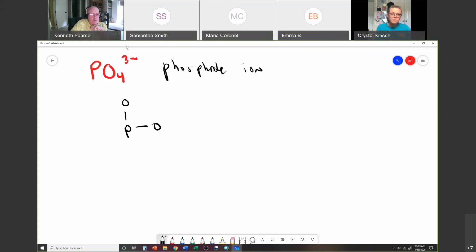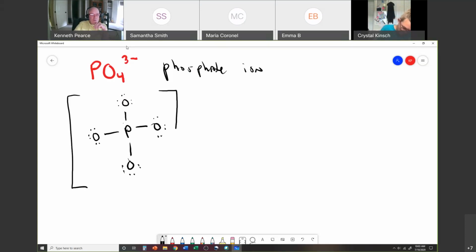Here is one possible structure that you could get. I'm just going to draw it out, and I'm using lines because I think they look cleaner for single bonds. And you would get this right here. And of course, if you really want to be complete, you would put a 3 minus on the outside.